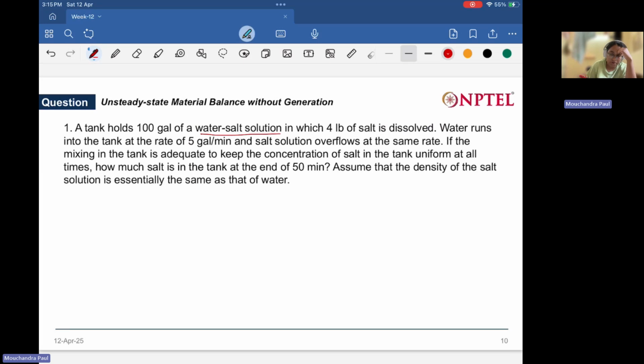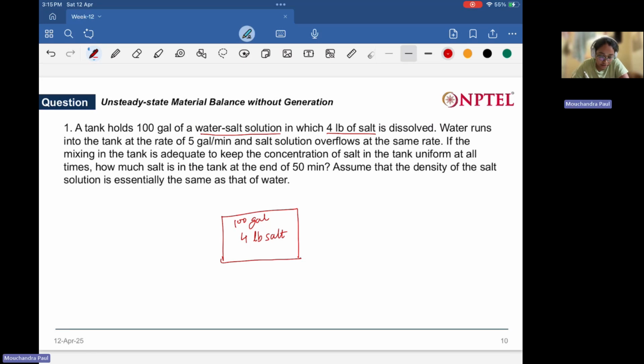There are two components, water and salt. And in this tank, 4 pound of salt is dissolved. So this is, let's say, the tank. It contains 100 gallon of water, and 4 pound is your salt.